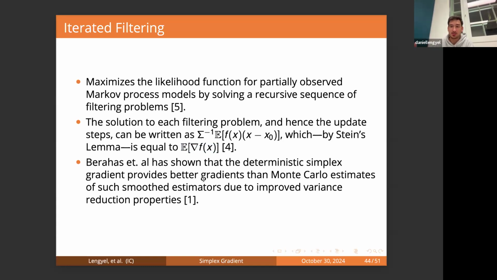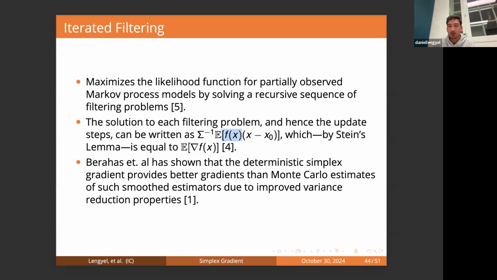You don't have the variance in actually sampling from this distribution, which seemed kind of counterintuitive at first, because we thought we would get better properties, because a Monte Carlo estimate of some integral doesn't depend on the dimension as much. And here you can already see the resemblance of the simplex gradient. If you discretize this, this could be the sample covariance, which is exactly our S transpose S inverse.